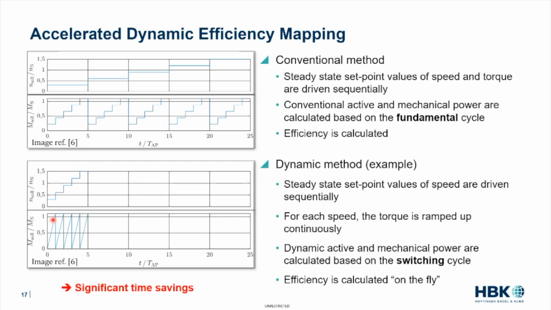We still get accurate results due to our dynamic switching frequency-based power measurement. So within these very short speed steps, we can ramp through torque multiple times, and as you can see here, bringing down the test time to 20%.